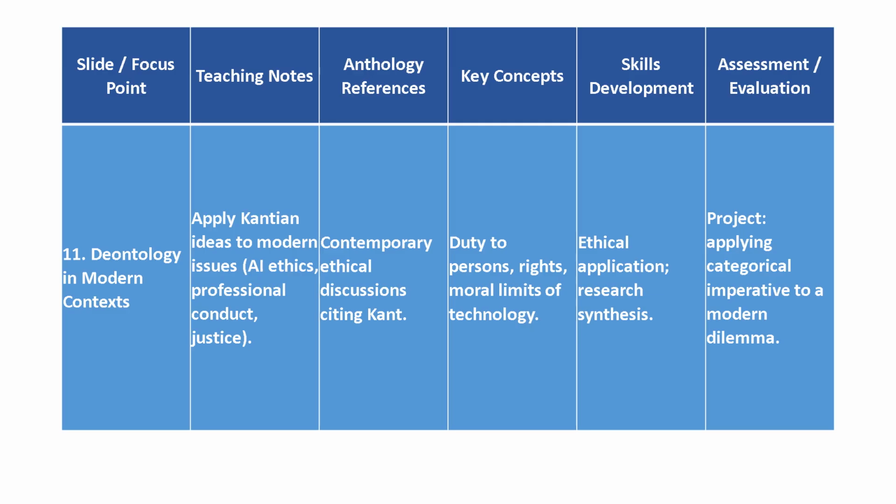It's good to cite work to give credibility to the rightful owner. The key concepts are duty to persons, rights, moral limits of technology, ethical application, research synthesis. Also in the assessment evaluation is a project applying the categorical imperative to a modern dilemma.